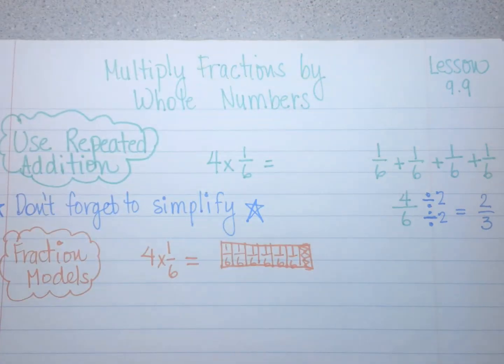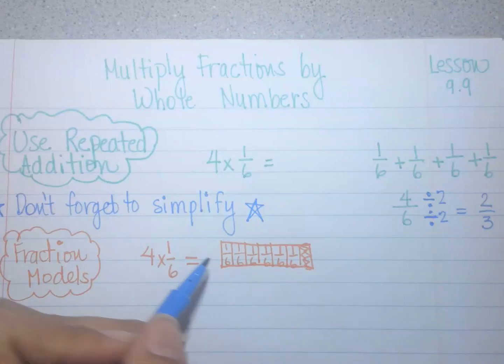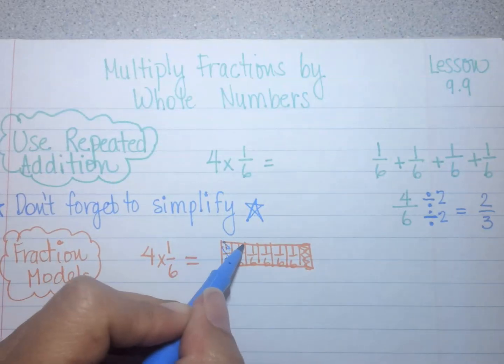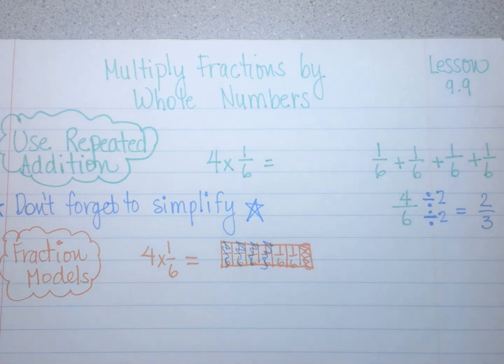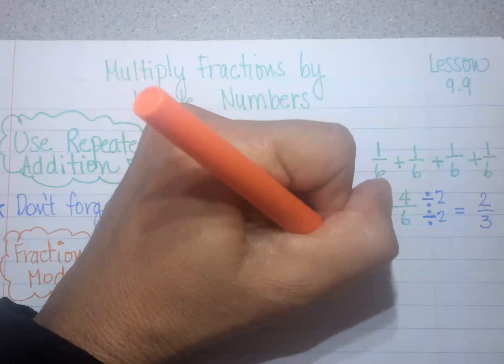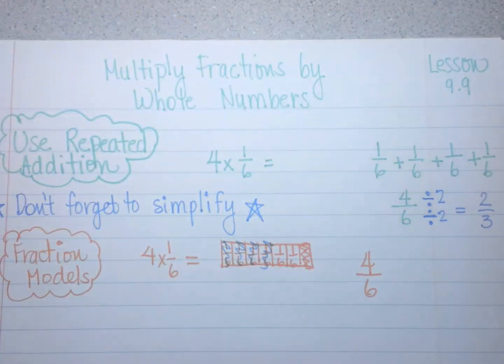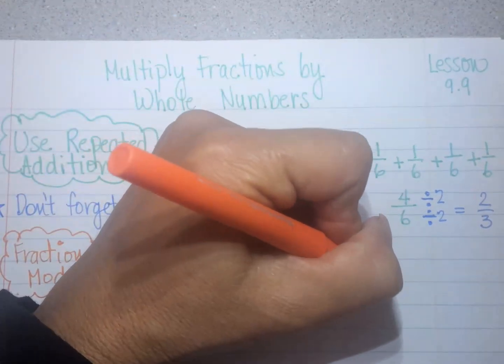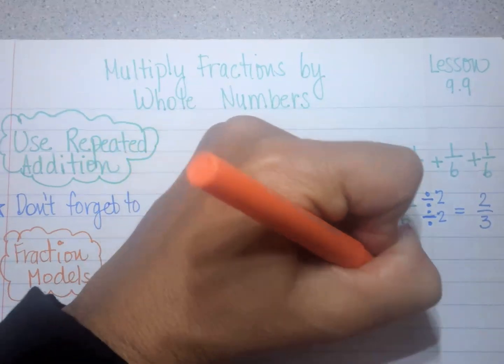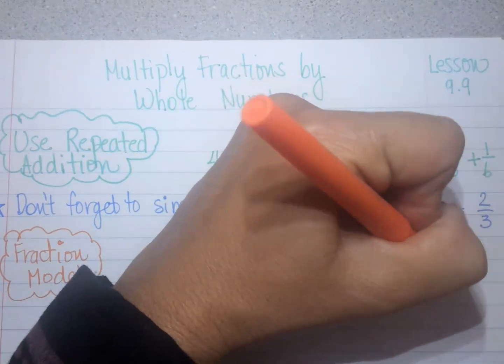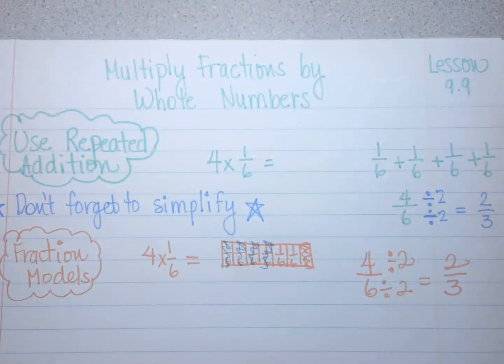Since I have 6 of those, I have 1 whole. 4 times that would be 1, 2, 3, 4. And again, with a different representation, we got 4/6. And again, we get to practice simplifying. The greatest common factor is 2, and we got 2/3.